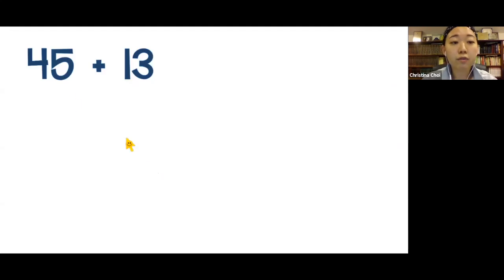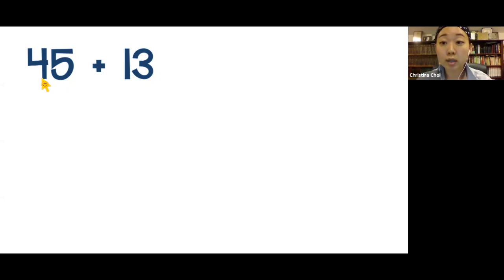Okay, so the first problem is 45 plus 13. Now 45 plus 13, let's look at the number 45, and we want to see our place values. We have a 5 and we have a 4. What place value is 5? Yep, it's the ones place.